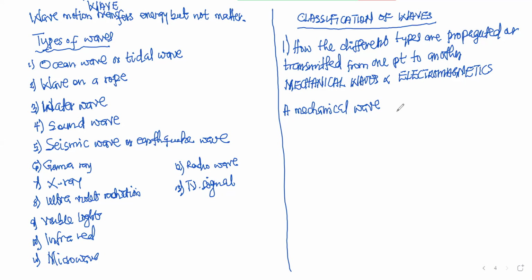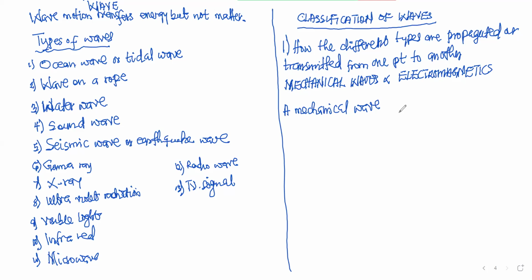Example, without the ocean, where is ocean wave? If there is no ocean, we cannot form ocean wave. If there is no water, we cannot form water wave. If there is no ground or earth, where can be earthquake wave or seismic wave?